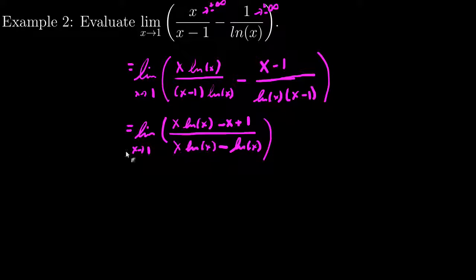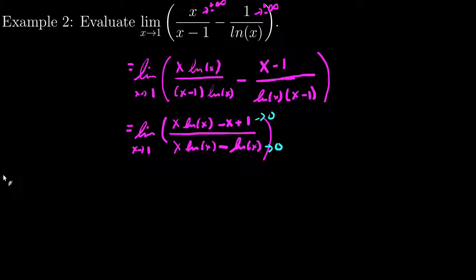And now I notice when I put 1 in here, natural log of 1 is 0, so I have 0 minus 1 plus 1, that approaches 0. 1 times 0 is 0, minus 0 is 0, so I get that approaching 0 over 0, and I'm going to work over here so I have some room.